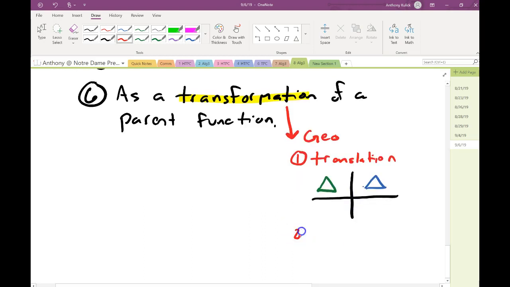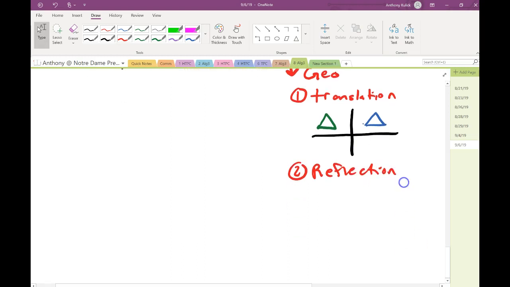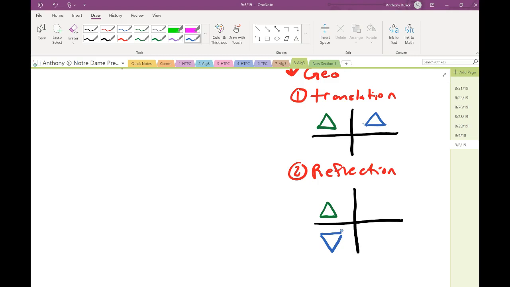Okay. The second kind was a reflection. There are a couple of different kinds of reflections you could talk about. You can reflect across the x-axis or the y-axis. When we do a reflection, the size of your shape stayed the same.